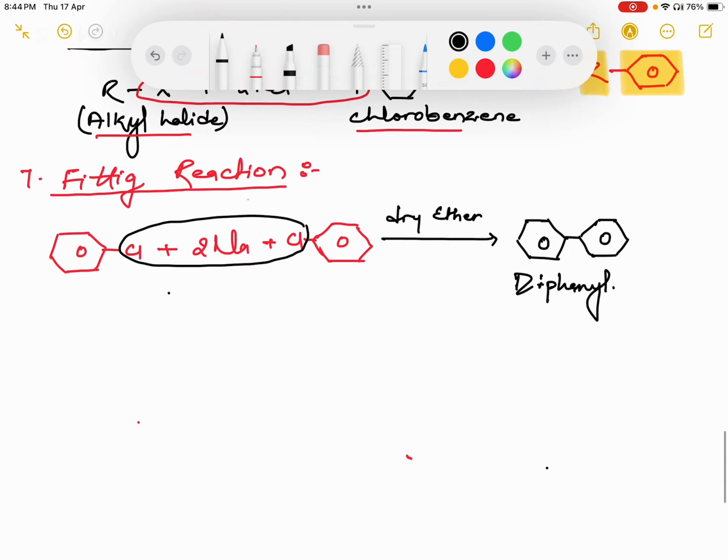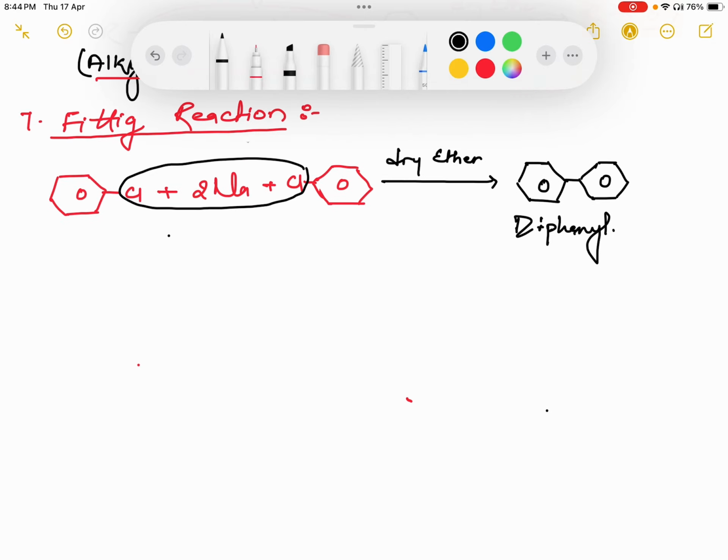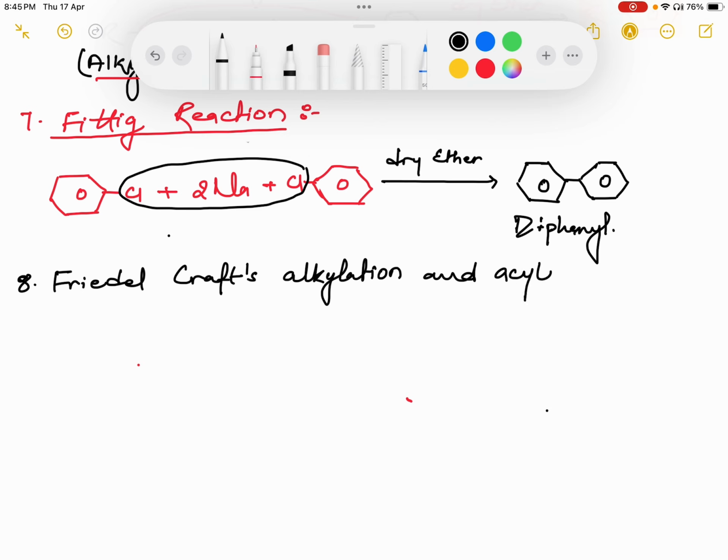Okay. Now let's move on to the last reaction, that is Friedel-Crafts alkylation and Friedel-Crafts acylation reaction. What is Friedel-Crafts alkylation and acylation reaction?